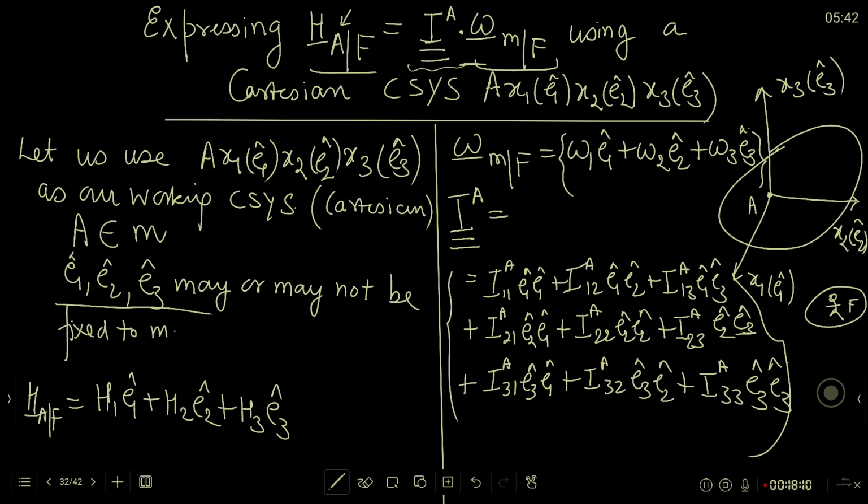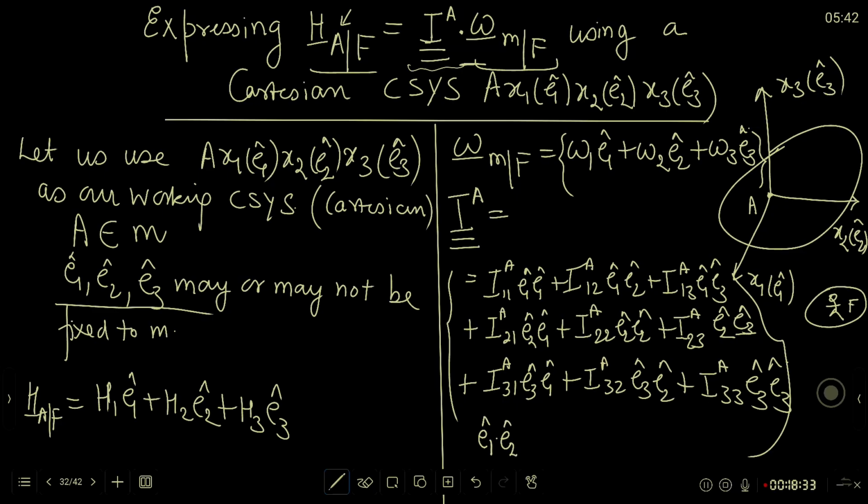Whenever there is a dot product, we are familiar with a unit vector dotting with another unit vector.